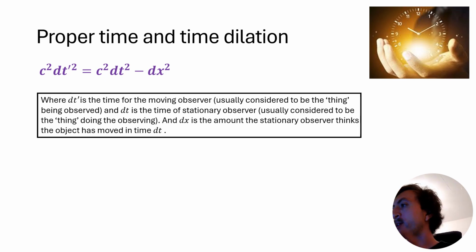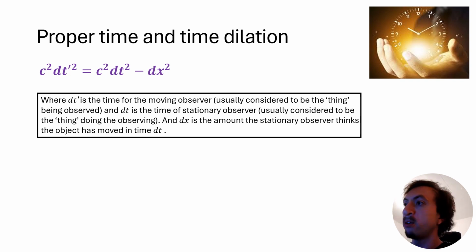I won't say more about the purple equation because we have gone through it quite a lot in past videos. But it's worth summarising what the terms are. c is our speed of light, which both observers agree upon because we're assuming our moving observer is not accelerating. dt prime is the time interval between events which occur at a fixed distance.